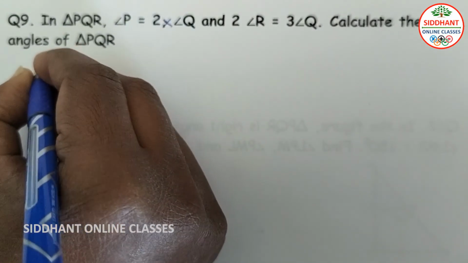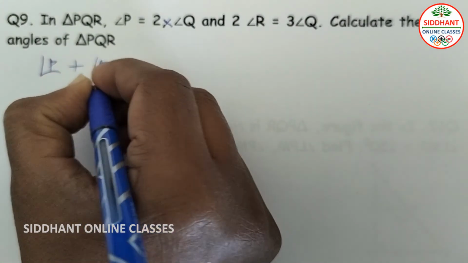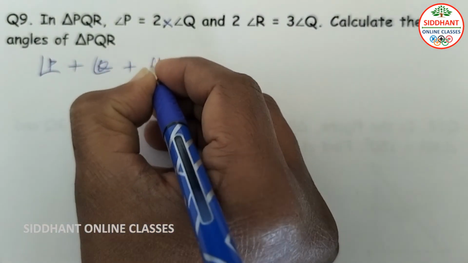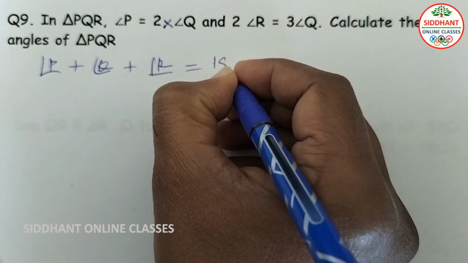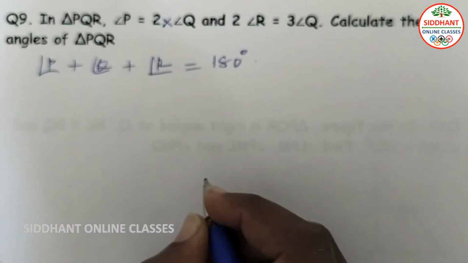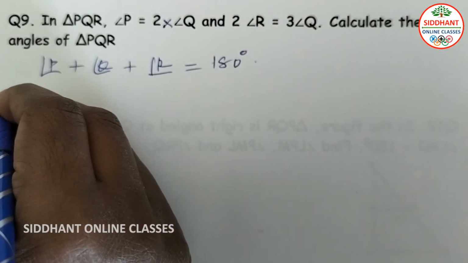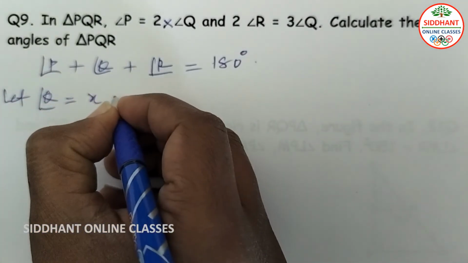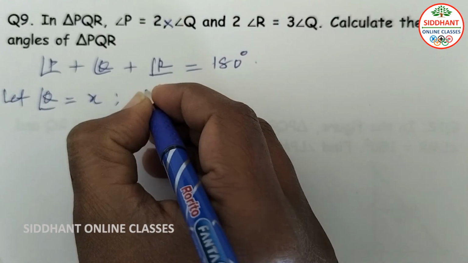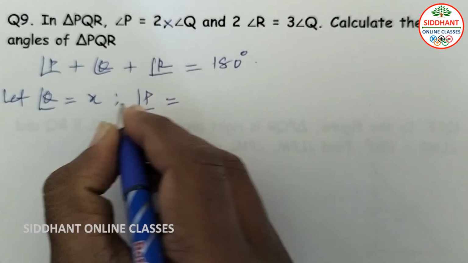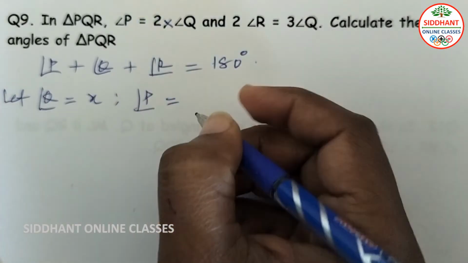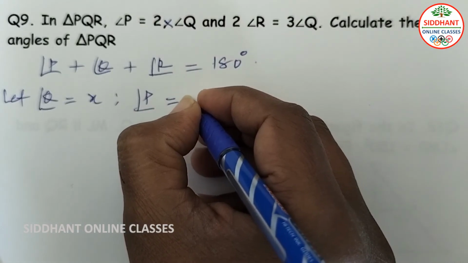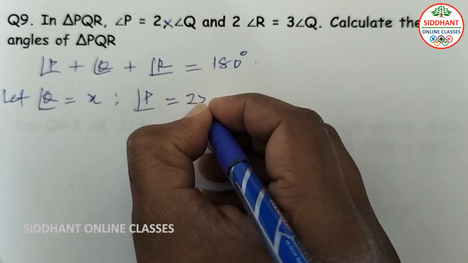That means angle P plus angle Q plus angle R equals 180 degrees here. So let angle Q be equal to x here. Then angle P is equal to 2x, that means 2 times angle Q, that means 2x.